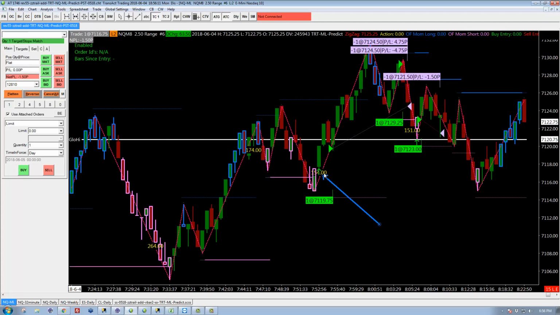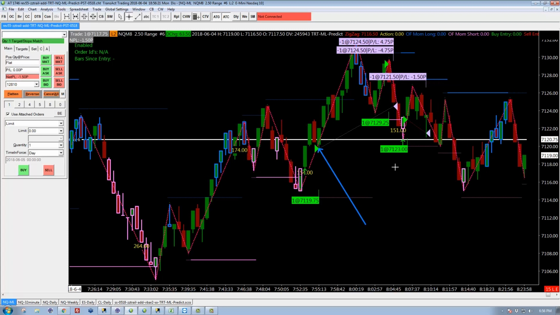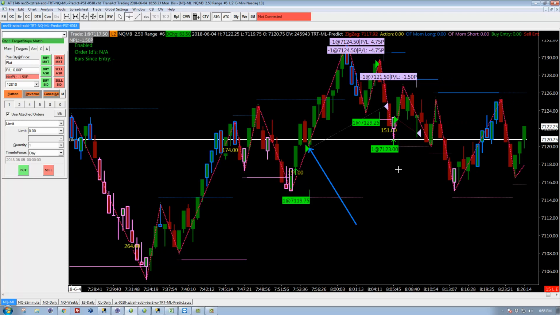We get a long here, 154. So we get filled right here. We place the order and get filled right there. Now here's a case where the adding works against me. What happens is the market advances nicely, it pulls back, and then on this thrust here I add a contract right there.